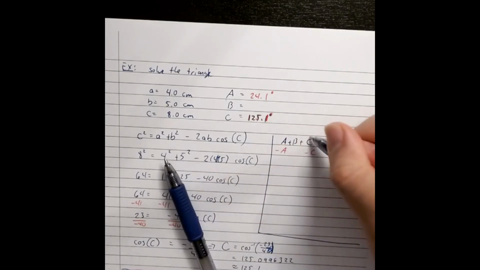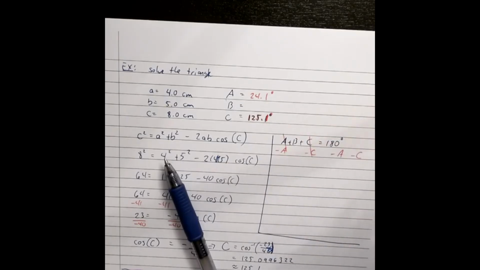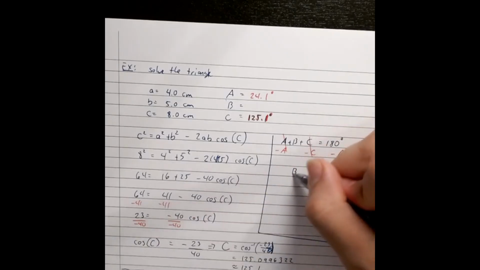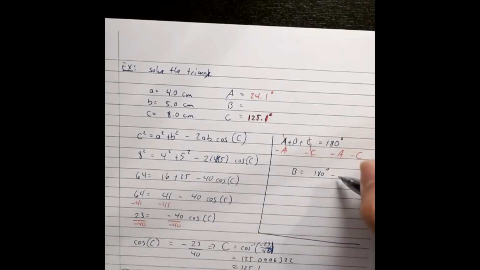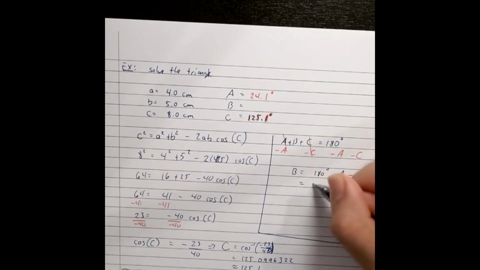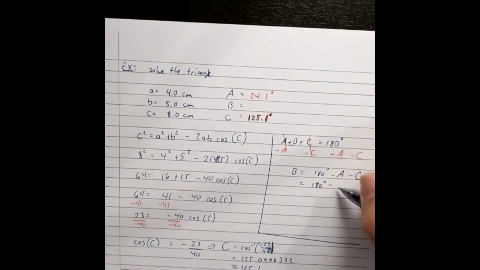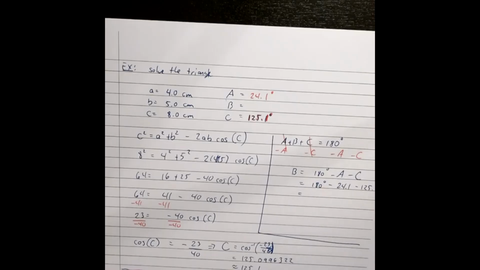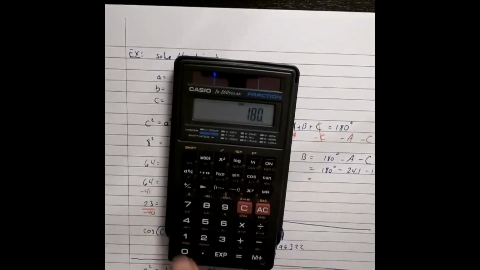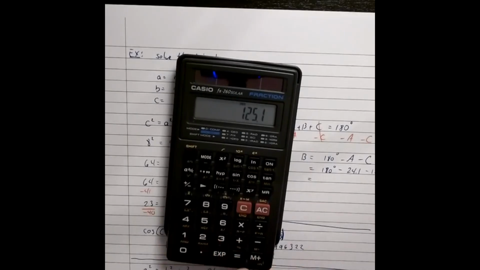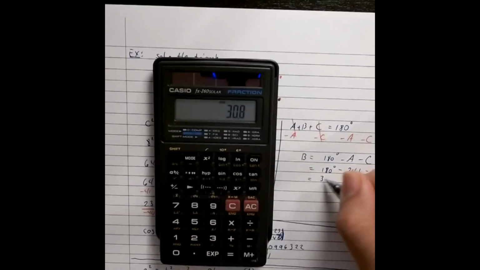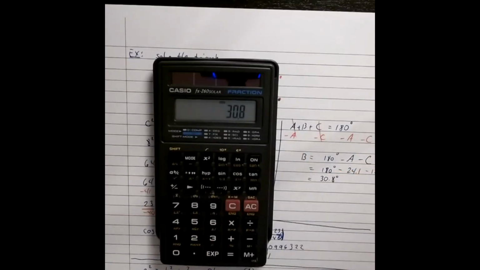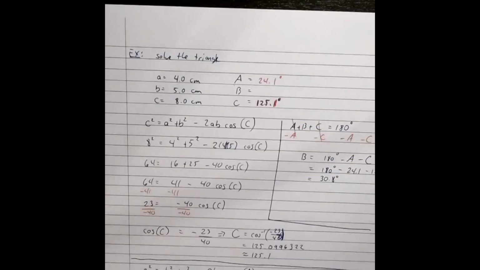Minus A and minus C. And that gives us that B is equal to 180 minus A minus C, which is 180 minus 24.1 minus 125.1. We take 180 minus 24.1 minus 125.1, we end up with 30.8 degrees. And so that must be our final angle.